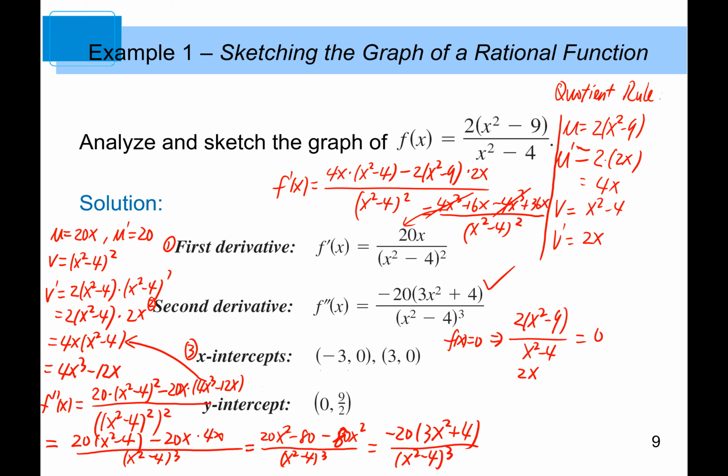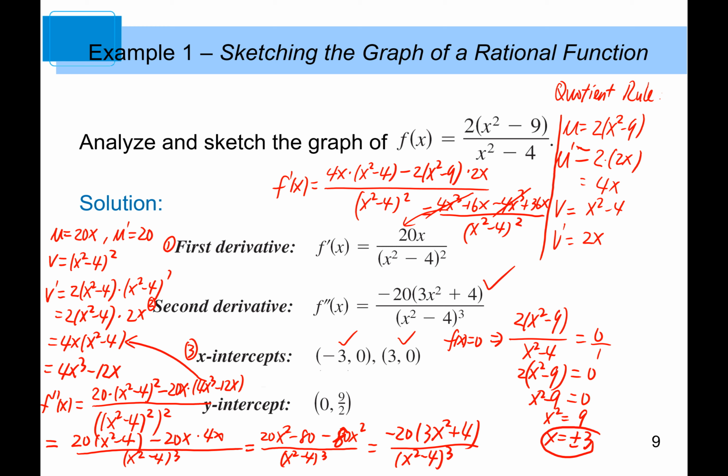So 2x squared minus 9 equals 0. You can turn it into a proportion, cross multiplying, and end up with that. So x squared equals 9, x equals plus or minus 3. So the x-intercepts are (negative 3, 0) and (3, 0).